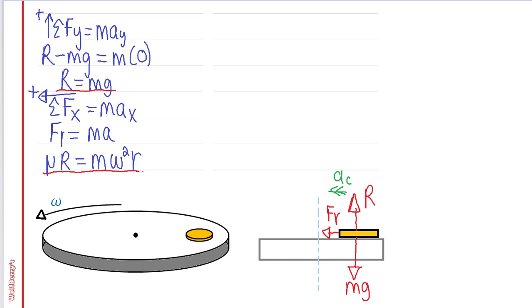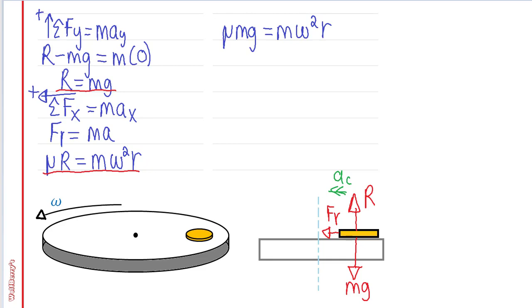So we can substitute the R from the y equation into our x equation. So the equation becomes mu mg is equal to m omega squared r. All we've done is simply substitute R equals mg into our equation down here. It's actually this R over here.